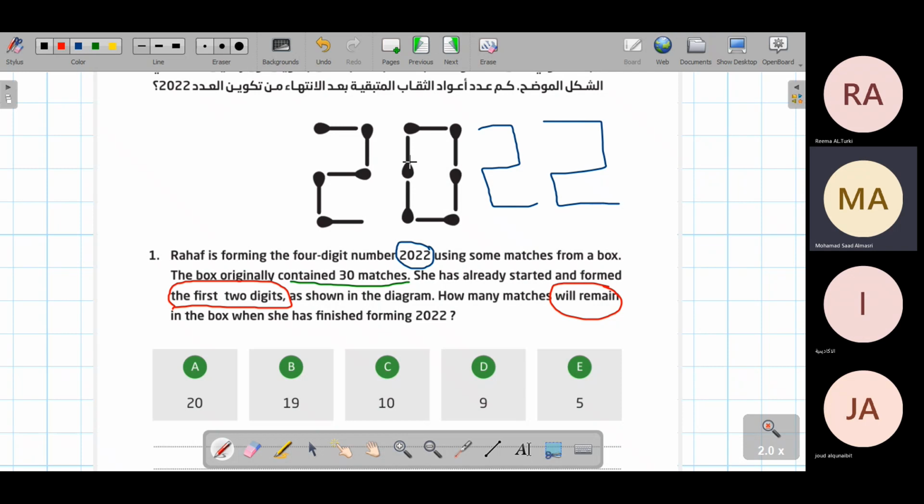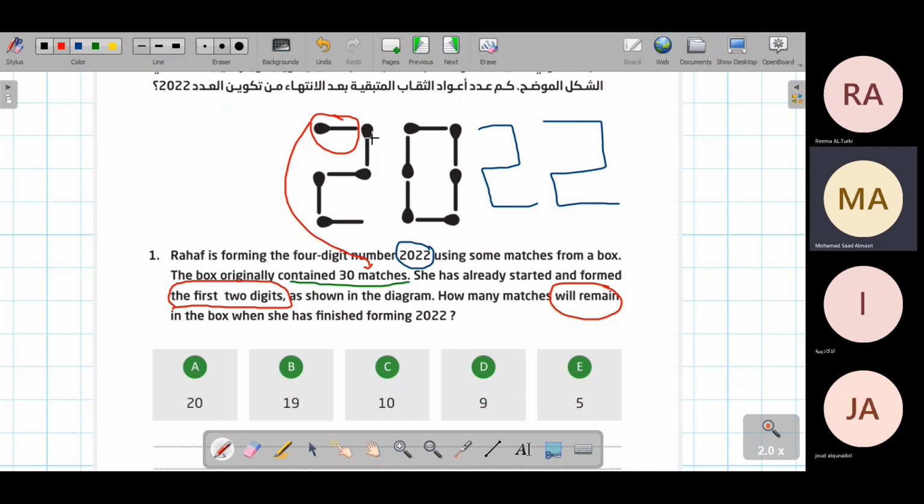And how many matches for the number 0? No, Jude, pay attention. This one is the number of matches, but this one is called one match.